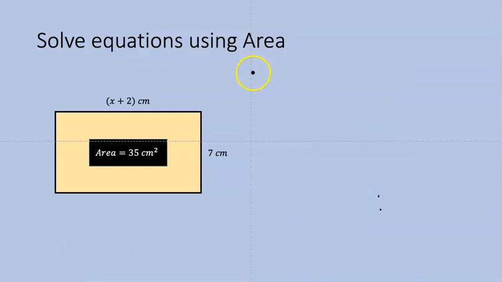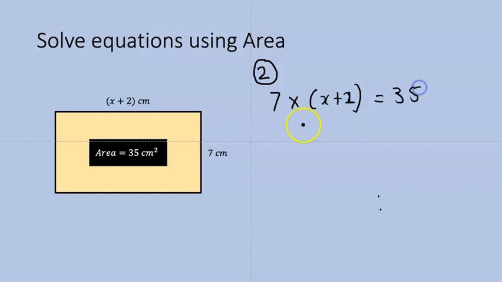Way number 2 can work like this. And this is going to be using a bit of problem solving. I know that 7 times this number gives me 35. I know 7 times x plus 2 gives me 35. But 7 times what gives me 35?